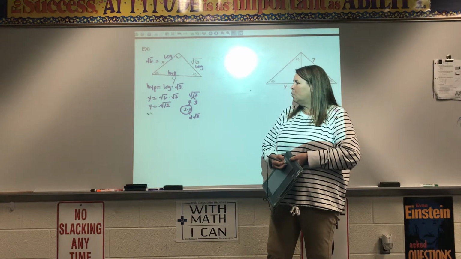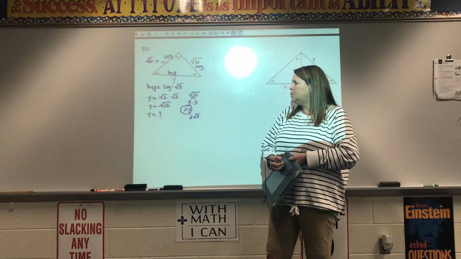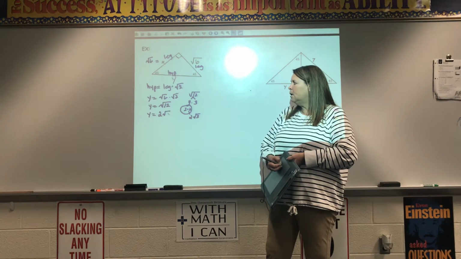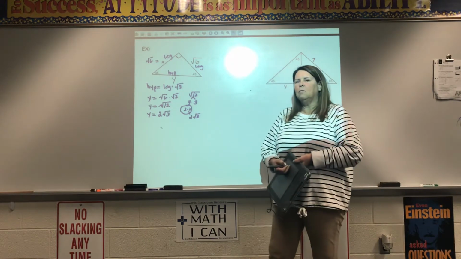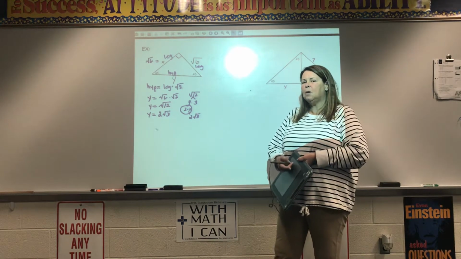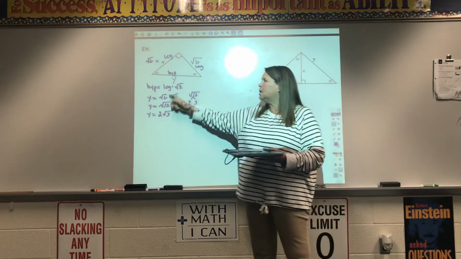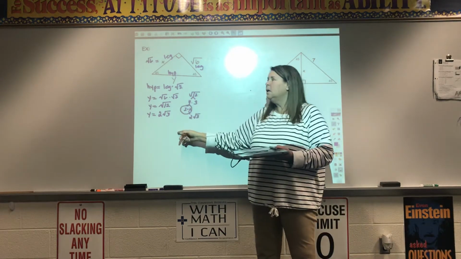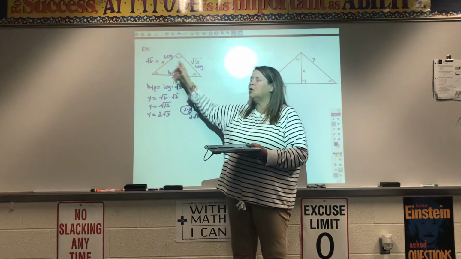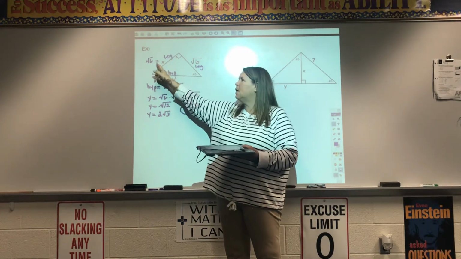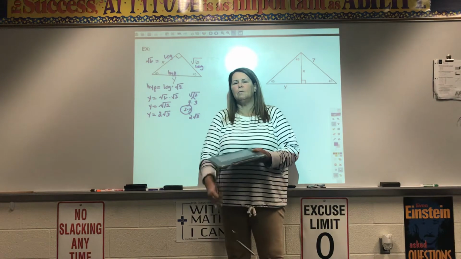So that means y is equal to 2 square root of 3. So, first period, if you need to, pause right here and get this copied down. Make sure you also get that the other leg, because the legs are congruent, also equals square root of 6.